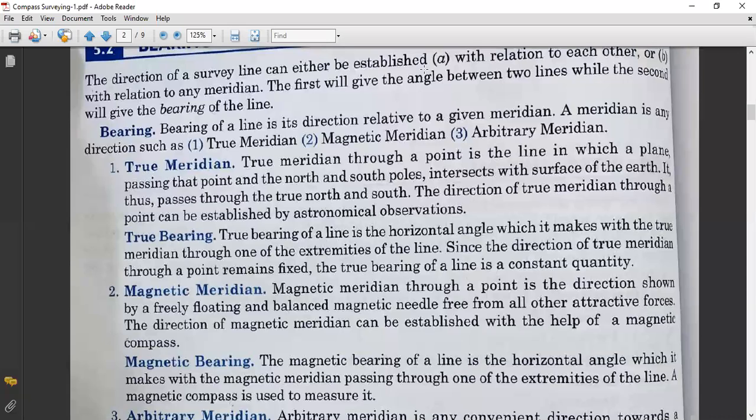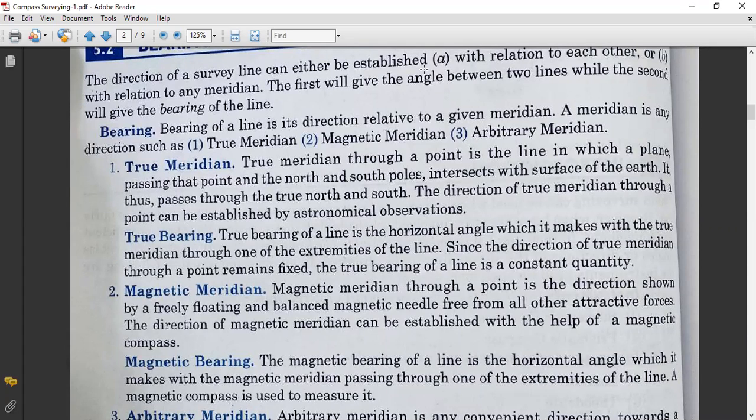Magnetic, yes, any doubt? Magnetic meridian through a point is the direction shown by a freely floating and balanced magnetic needle, free from all other attractive forces. A freely floating magnetic needle will indicate which direction? Anybody can tell? The magnet will always be aligned in which direction? Anybody can tell?